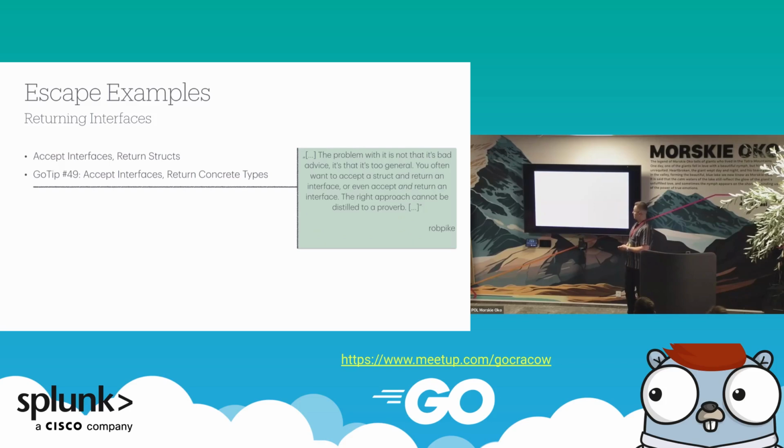So this is not a proverb. But when we limit our point of view to only the memory point of view, with interfaces you get some sort of overhead because there are pointers to itab and data table. And usually they go to heap.